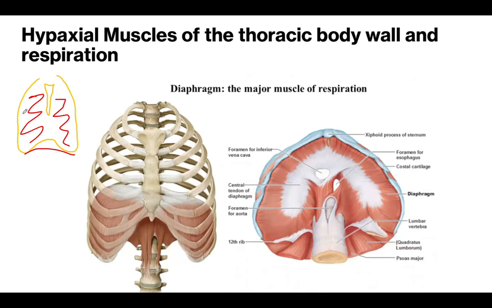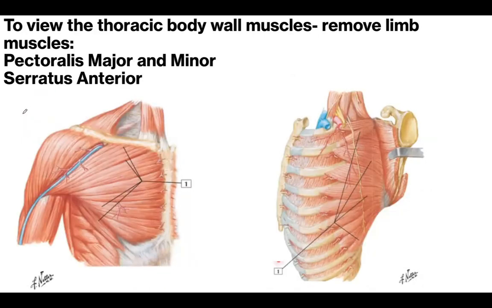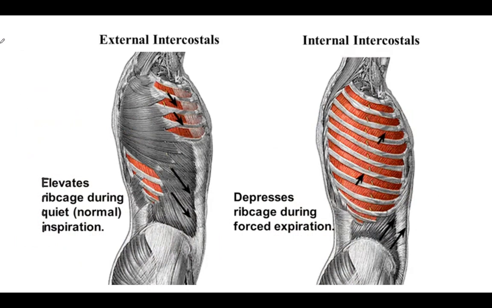So, in a normal inhalation, normal breath, quiet inspiration, the diaphragm and the external intercostal muscles are going to be used. Okay. Normal, quiet inspiration.